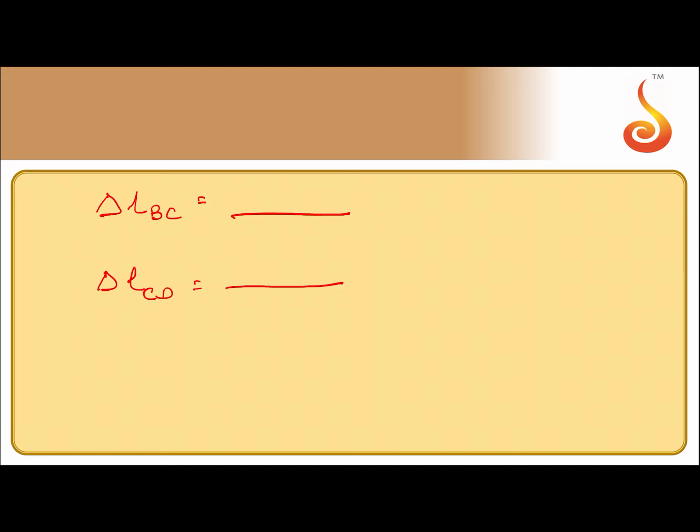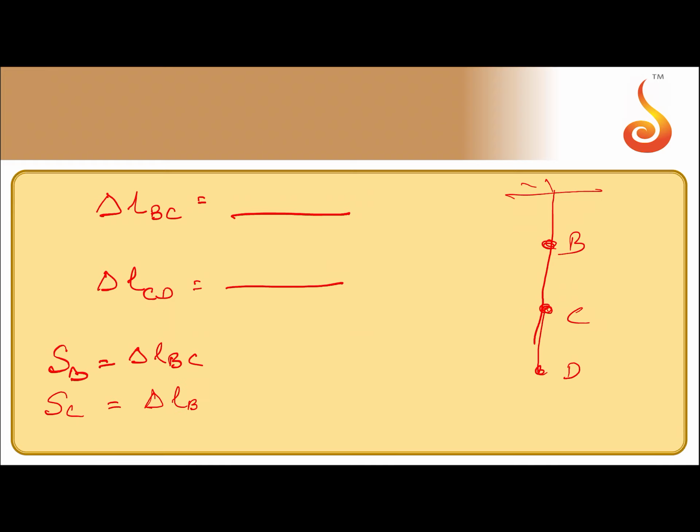So now notice the question is about the displacement of the points B, C and D. If I show the construction here, this is point B, this is point C and this is point D. Notice that displacement of B is equal to delta L of AB. I'm sorry, this is AB, I should write AB.